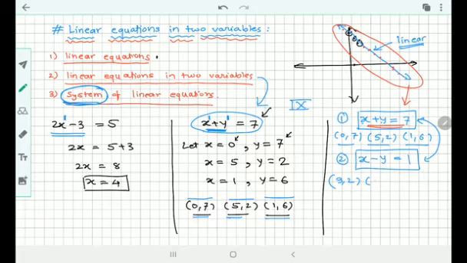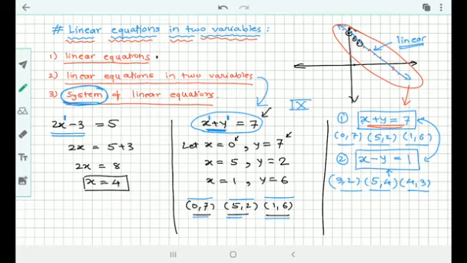Anyway, (5, 4), yes. (4, 3), yes, and so many. So how many solutions can we get which satisfy this equation? Yes, the answer is infinite. There are multiple solutions of this equation as well.